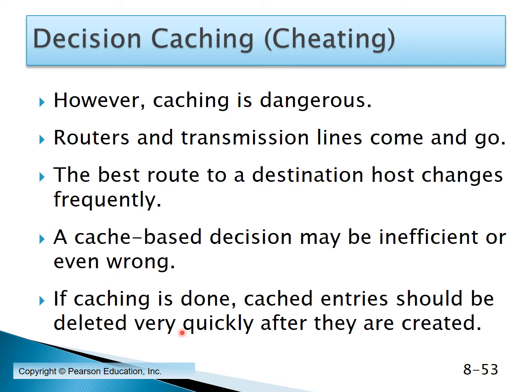When caching is done, usually the cached entries should be deleted very quickly after they are created, normally within several minutes, and then you have to check again. Otherwise, if you cache a line that is not working anymore, you will not be able to connect to that destination anymore without updating your cached entries.